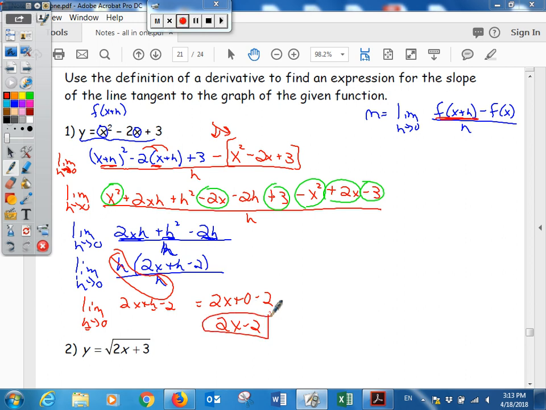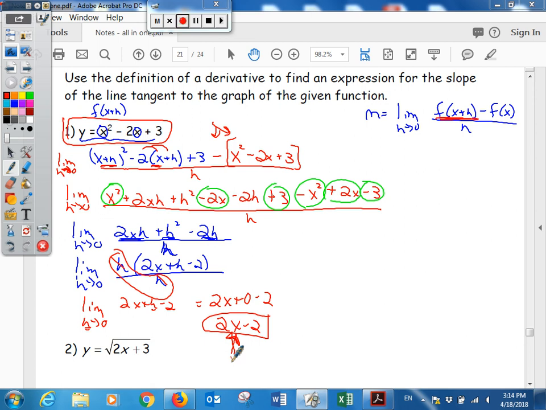That is an expression that you can use to calculate the slope of the tangent line to this equation at whatever point you want to plug into the x value. Okay, so that's the equation of the slope of the tangent line.